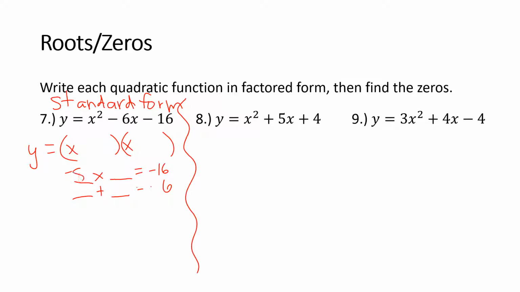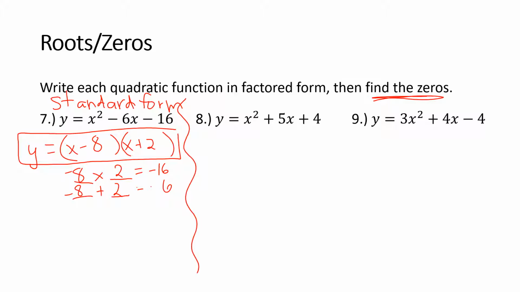That would be negative 8 and positive 2. Negative 8 times 2 is negative 16, and negative 8 plus 2 is negative 6. So factored form, we would have x minus 8 times x plus 2. This is factored form.